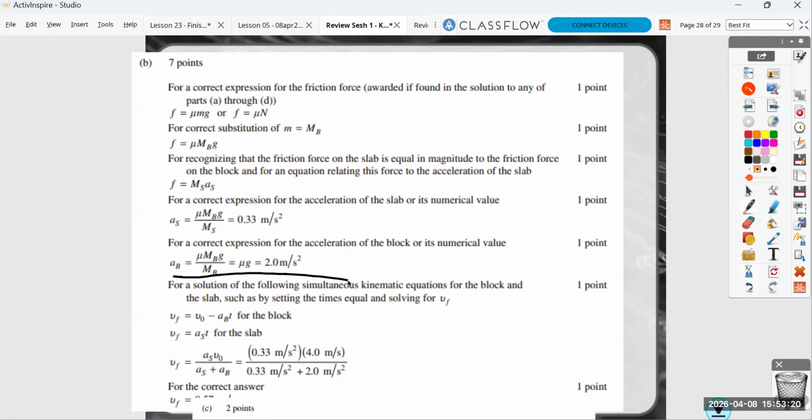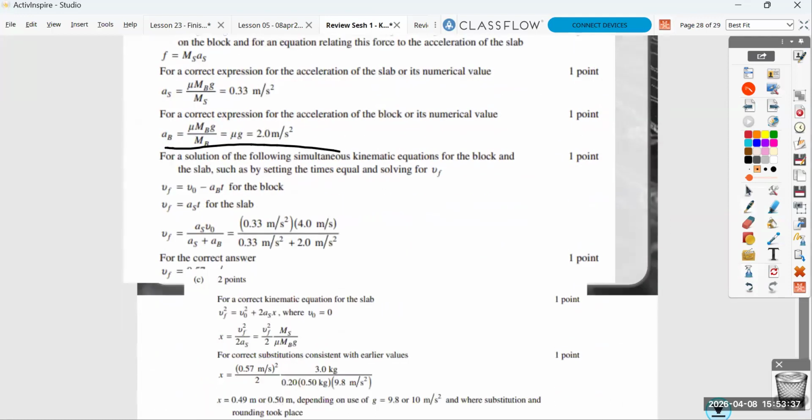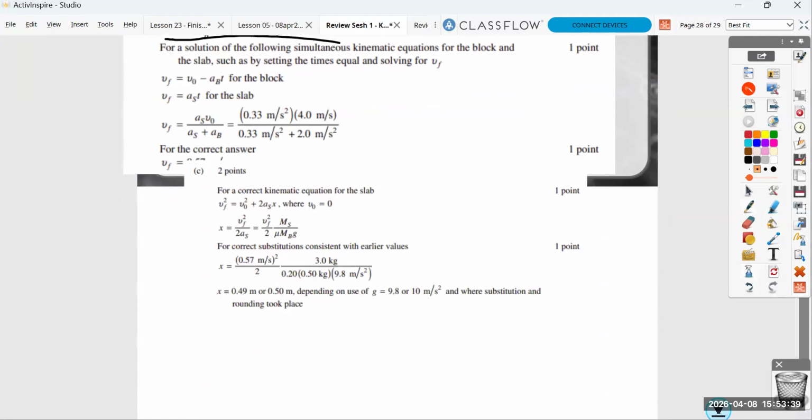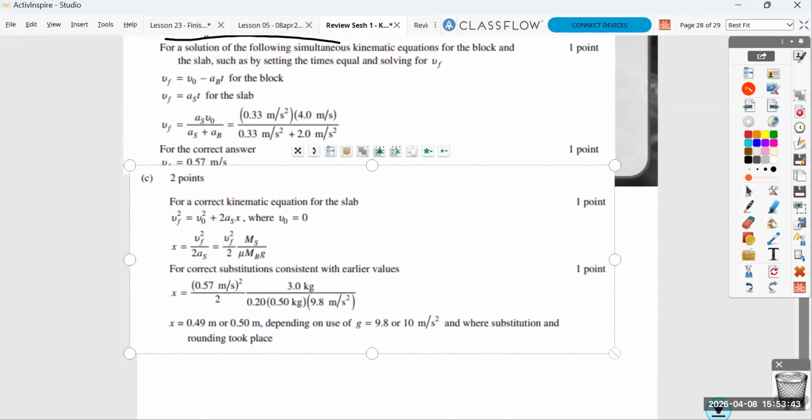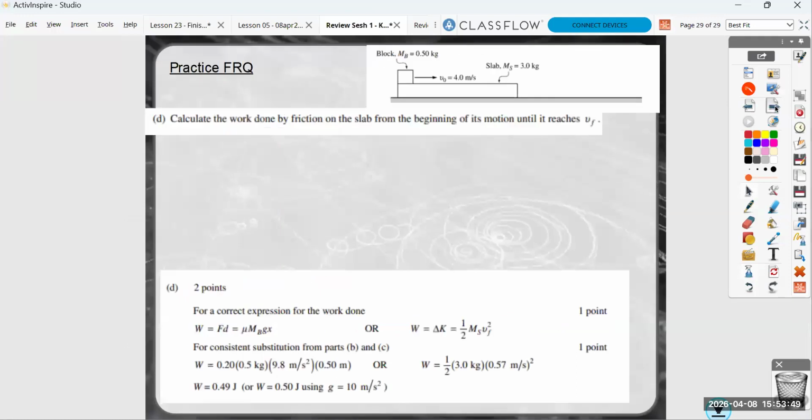A point for setting the 2 velocities equal to each other and then finding the final velocity, and a point for the correct answer. By the way, anytime they say calculate, you have to give units. Always give units, even if you're not sure what those units are. Better to give a unit. And then 2 points for just choosing a kinematics equation that works. You can use the second one because you also have the time. But yeah, all right. So 9 points there.